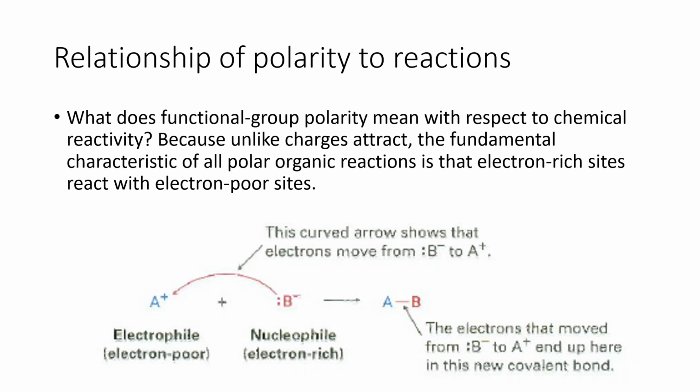Because unlike charges attract, the fundamental characteristic of all polar reactions is that electron-rich sites react with electron-poor sites. So if you look at the screen, an electrophile, which is electron-poor, reacts with a nucleophile, which is electron-rich, to form a bond.